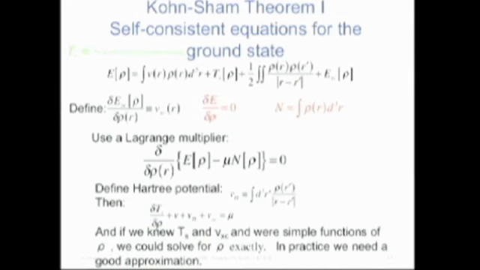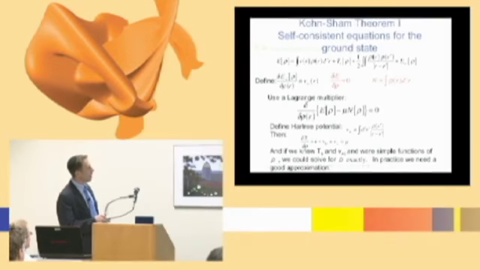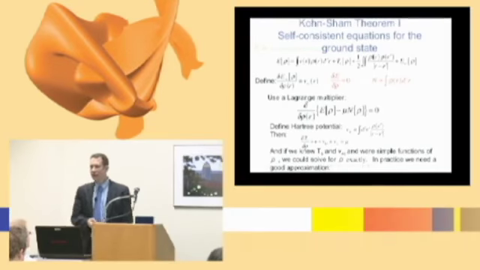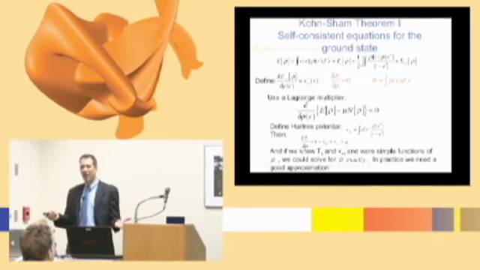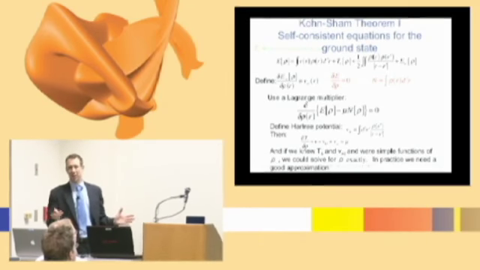I'll show you how this is used in a minute. Our minimum principle from Hohenberg-Kohn says that if you make any variation in the density, then the ground state energy can't change. So the derivative of the energy with respect to density has to be 0. And then we have to have some normalization condition. We're going to deal with a charge-balanced system with a fixed number of electrons.